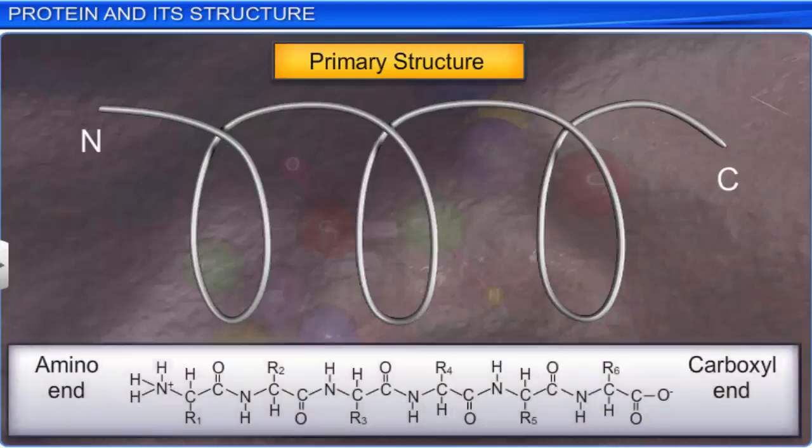Hypothetically, a protein is a thread formed by amino acids where the left end is represented by the first amino acid or the N-terminal amino acid, and the right end is represented by the last amino acid or the C-terminal amino acid.